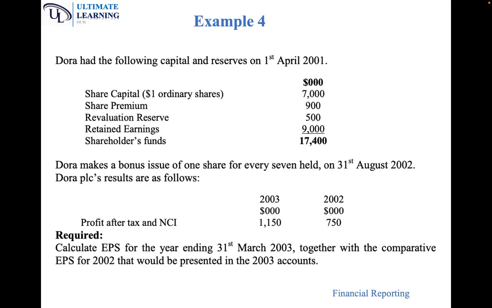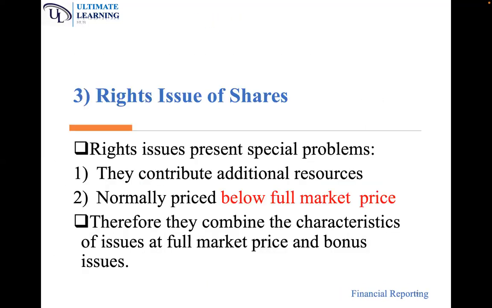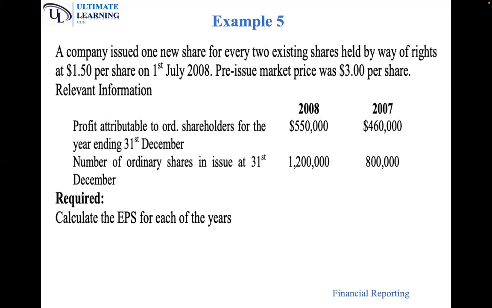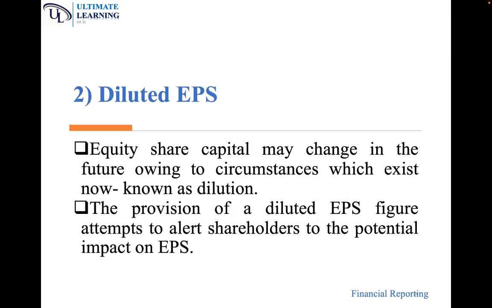We have defined diluted EPS as a decrease in earnings per share or an increase in loss per share, resulting from the assumption that convertible instruments are converted, options or warrants are exercised, or new shares are issued upon satisfaction of certain conditions.